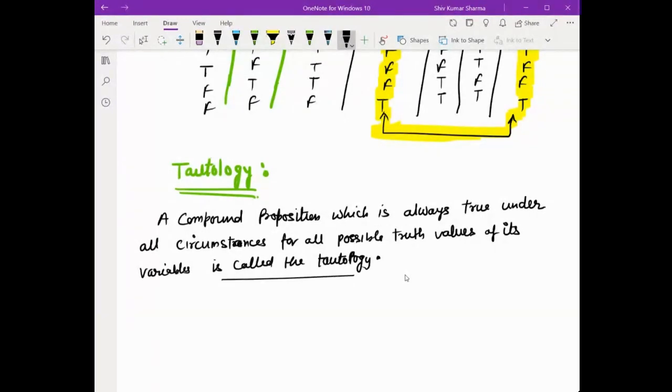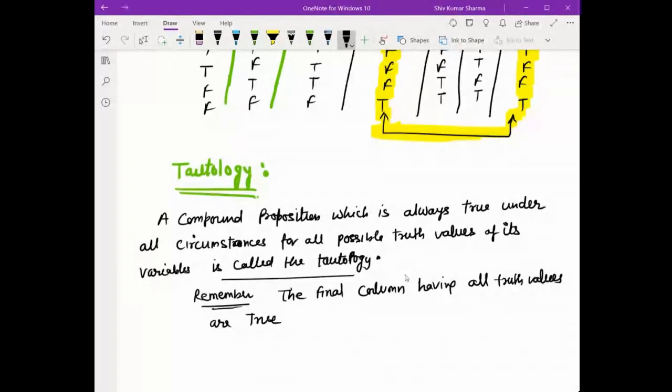So remember, the final column having all truth values true, that means T. A compound proposition, say we have three statements making a compound proposition, which is always true under all circumstances for all possible truth values of its variables. Variables means P, Q and R when we use three variables. So it gives the truth value true, always true.